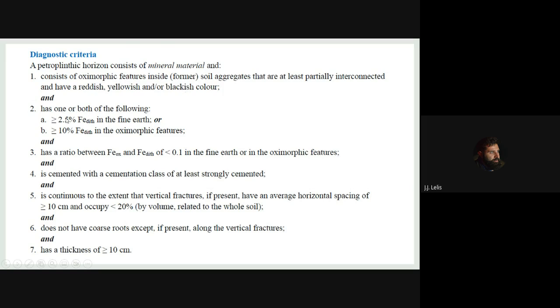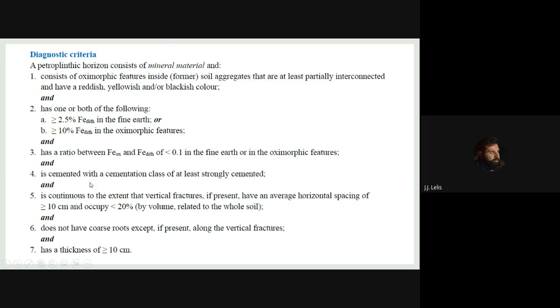They possess a high content of iron, especially in these oximorphic features. And it possesses a cementation that at least is classified as strongly cemented.